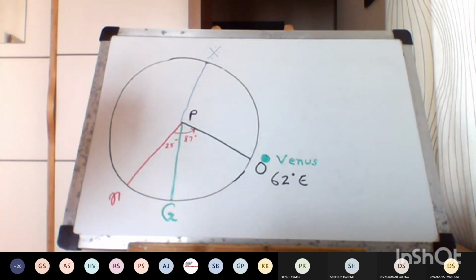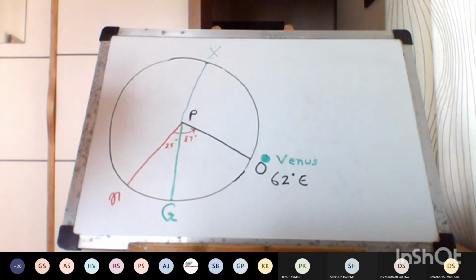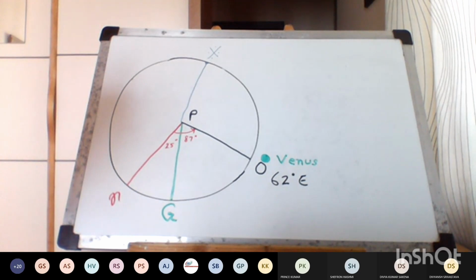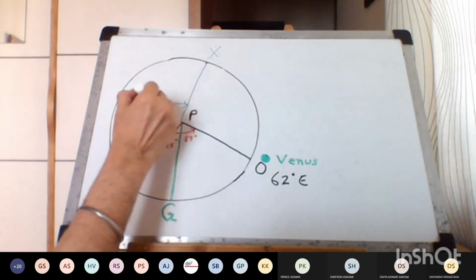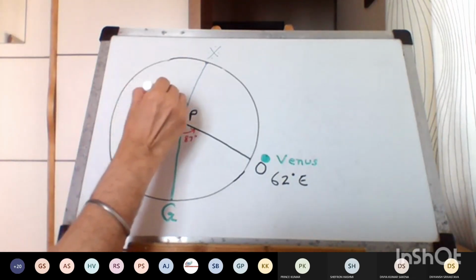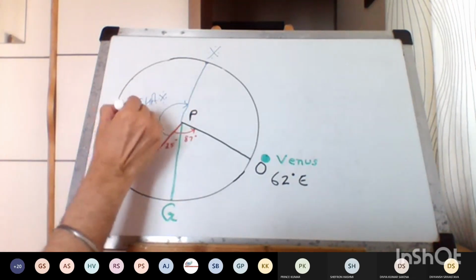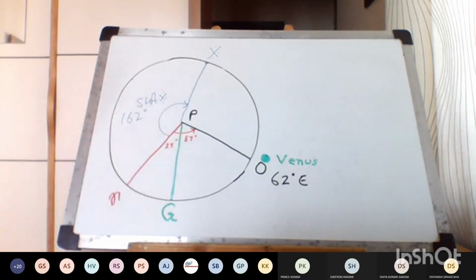Everyone can see that blue line? Yes or no? Yes, sir. So SHA of the star is 162 degrees.